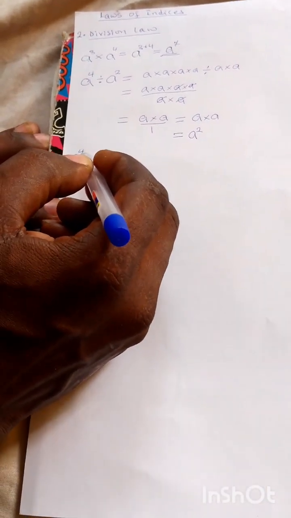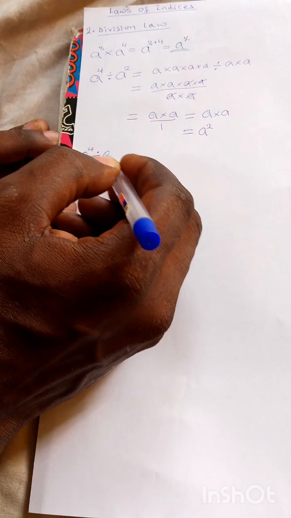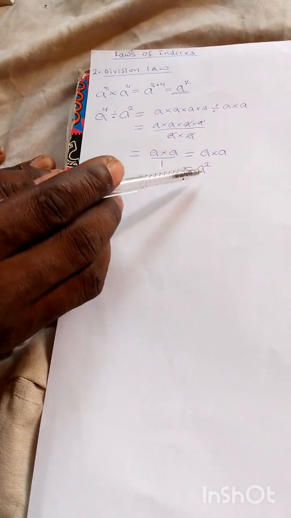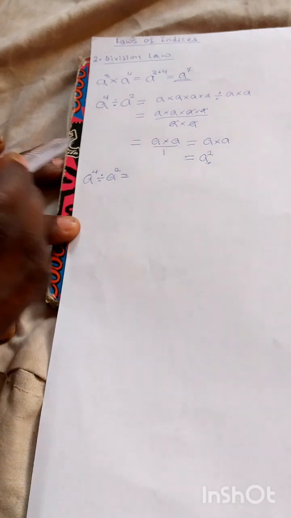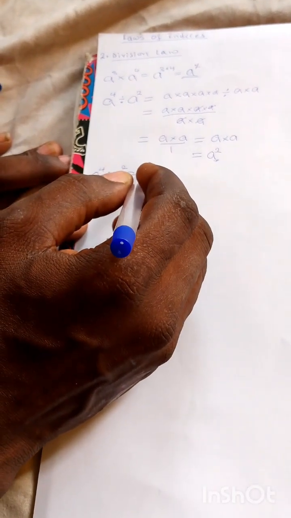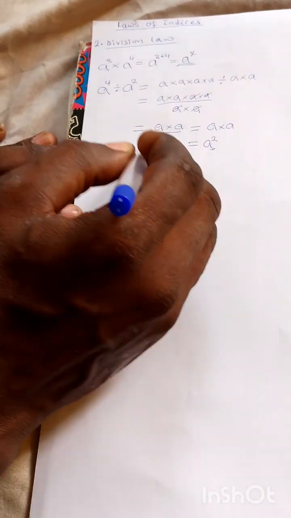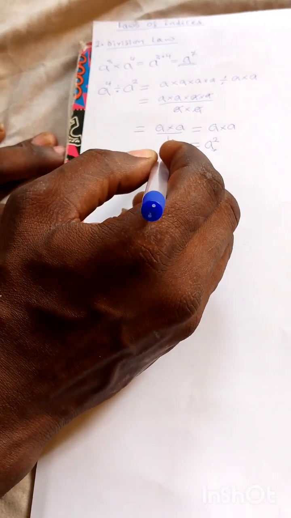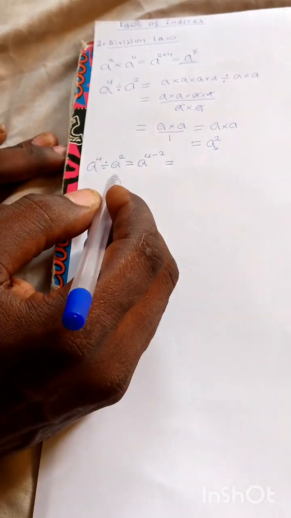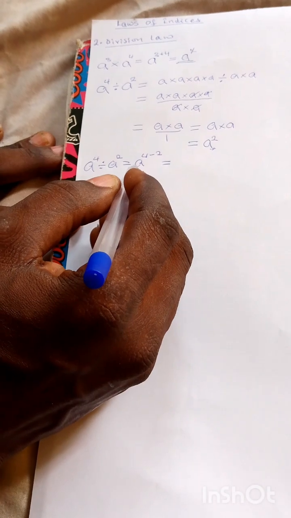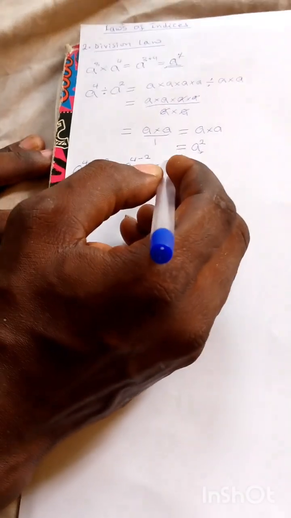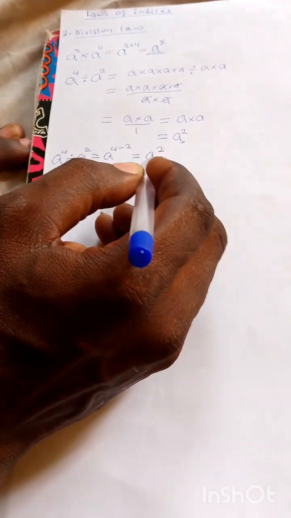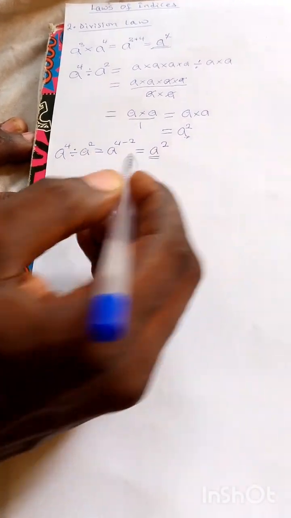So we say that if this is true, then a raised to the power of 4 divided by a raised to the power of 2 is equal to, instead of going through all this process to arrive at this answer, we can simply pick one of the bases, and then subtract the powers, or the indices. So this is the same thing as a raised to the power of 4 minus 2, which will give us a raised to the power of 2, which gives us the same answer.